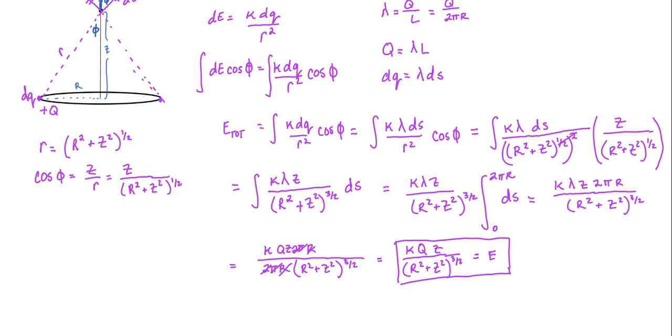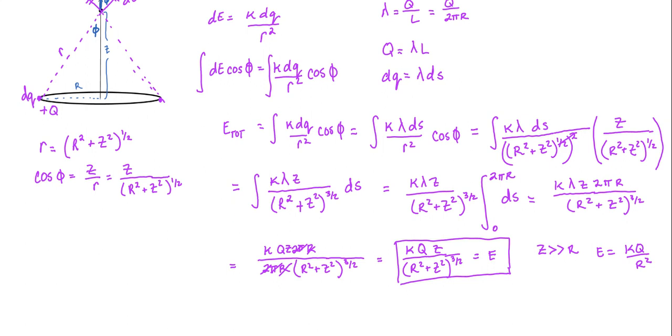Now, what's interesting is if you think about as z becomes much greater than r, then the equation goes to being E equals kq over r squared. And that is the equation for a point charge, if you will.